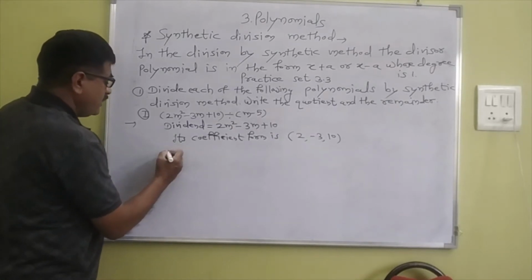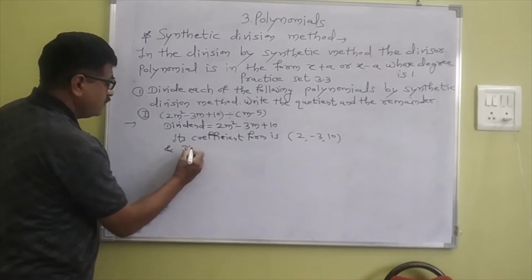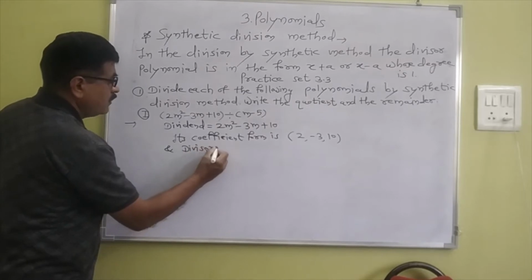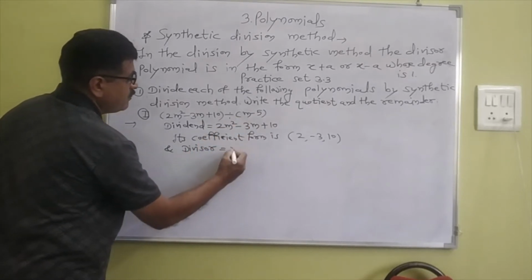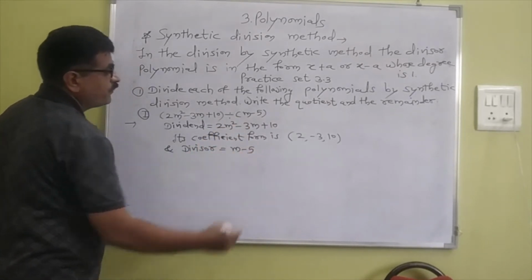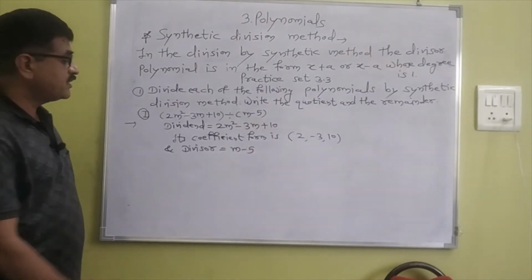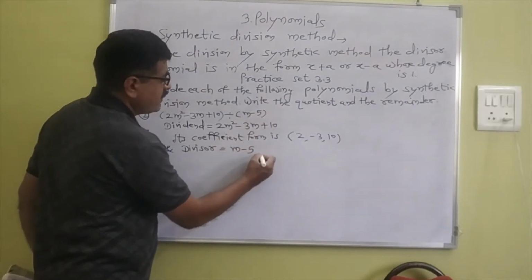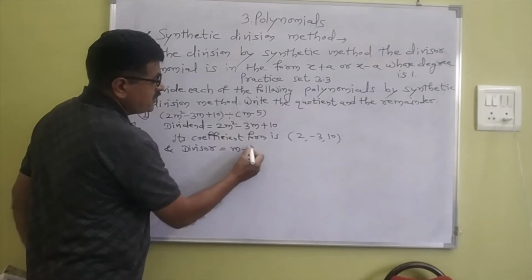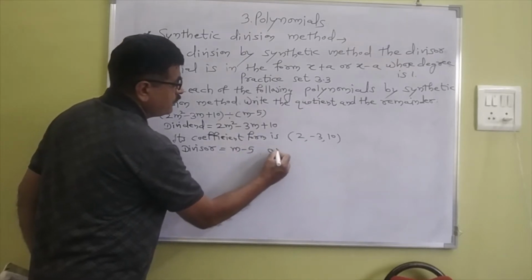Now, the divisor is equal to m minus 5. Therefore, we take the opposite of minus 5.